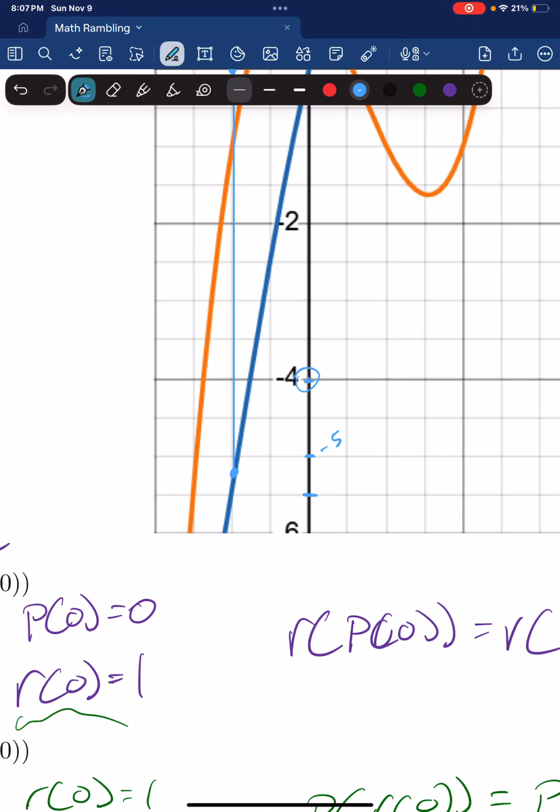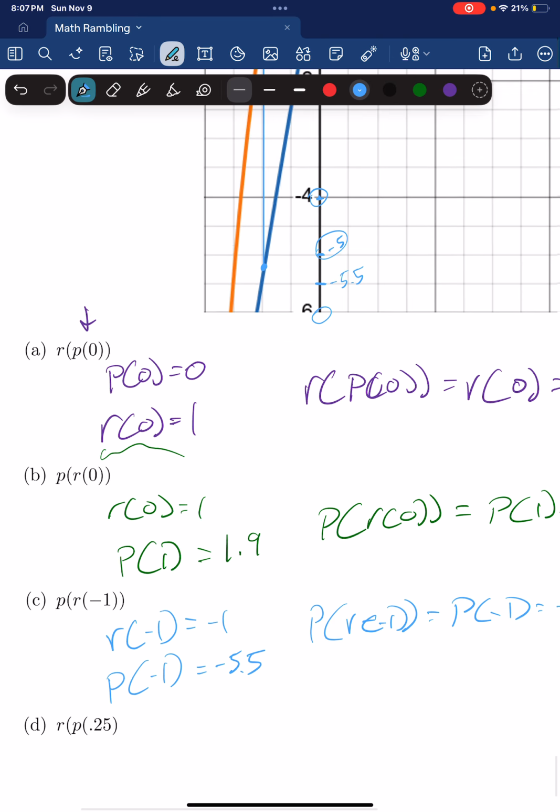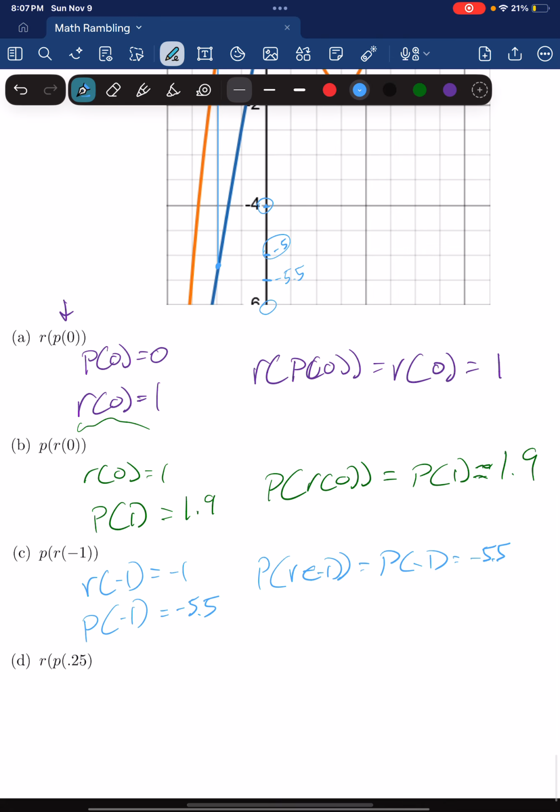Okay, so here's -4. Here's -5. Here's -6. So this would be -5.5 here. So it's in between -5 and -5.5. So anything in between that range would be an acceptable answer, which -5.5 is not. So let's see, -5.25. That seems good.